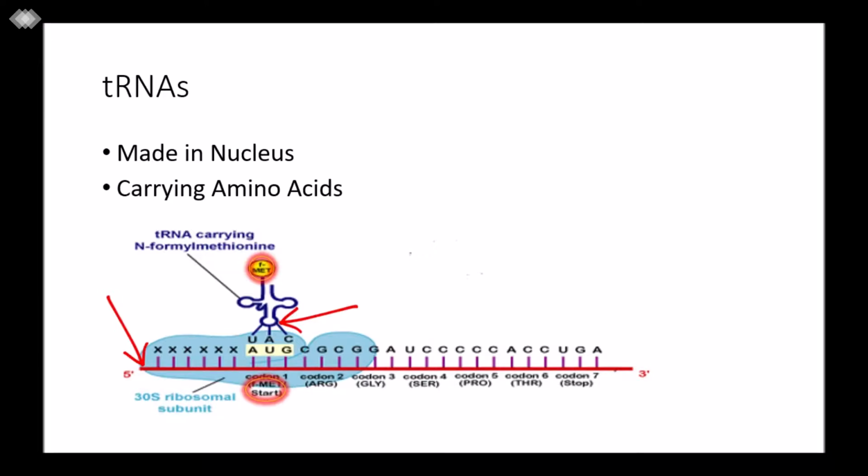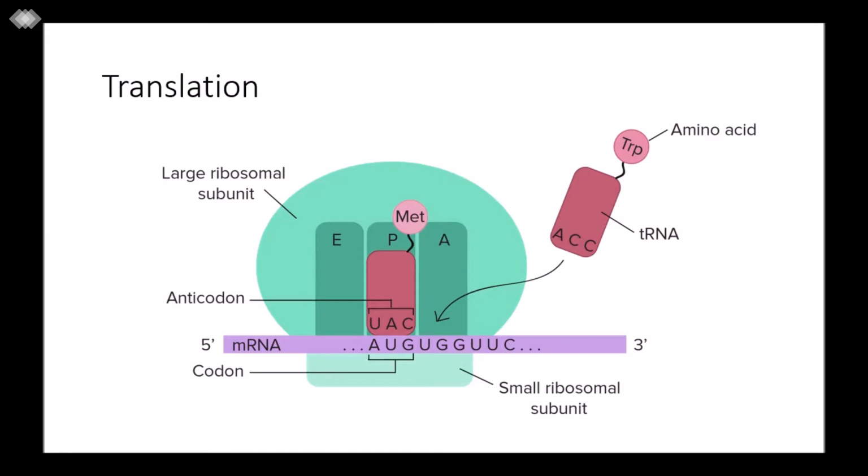And once it does, the large ribosomal subunit will come attach itself to the small ribosomal subunit and create these sites called the E site, also known as the exit site, the P site, which again is where the initiator tRNA will find itself, and the A site, where the tRNAs containing other amino acids will come in and join the process of translation.